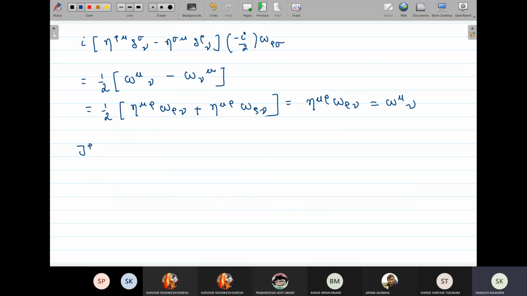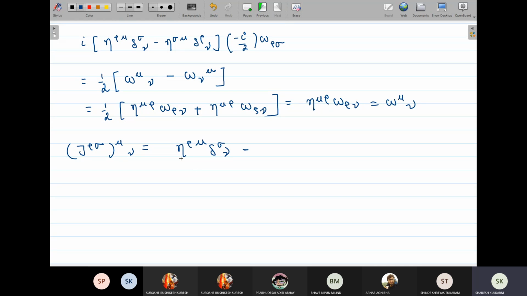So J rho sigma mu nu will be, the easiest way to remember is to take the first index and the first index here and put it on eta. Okay, and the rest of the indices, one up and one down, form a Kronecker delta out of that.